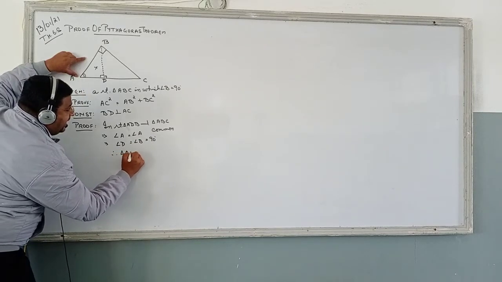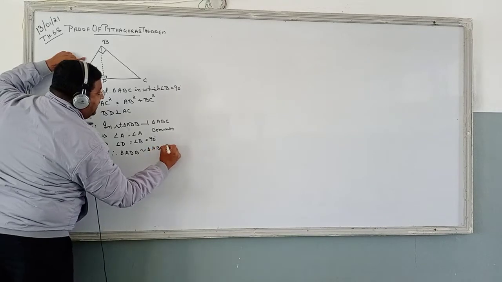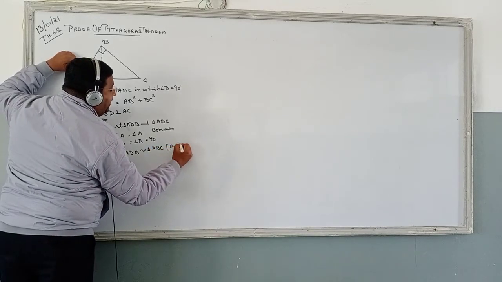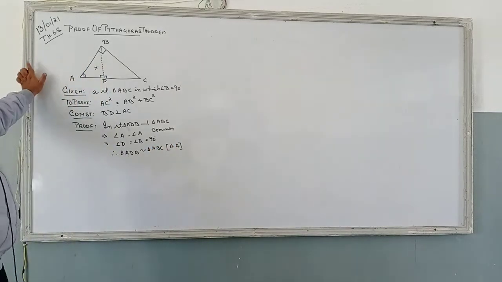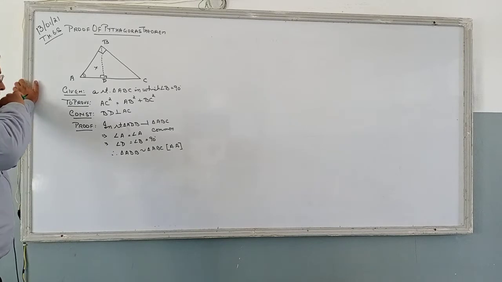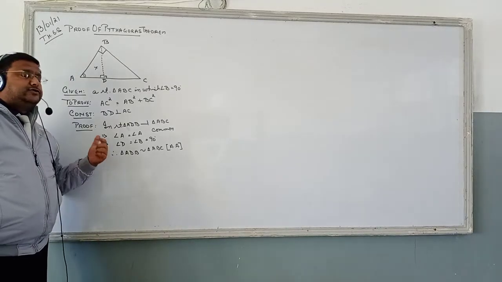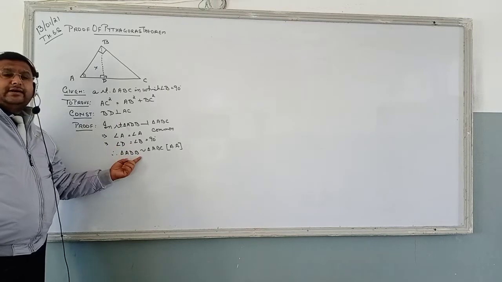Therefore, triangle ADB is similar to triangle ABC by what similarity? AA, angle-angle. Two angles of a triangle are respectively equal, so they are similar triangles.